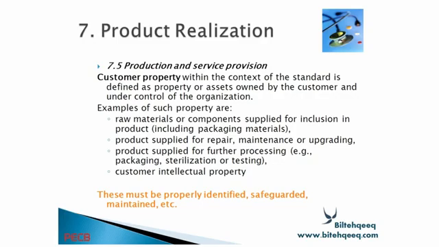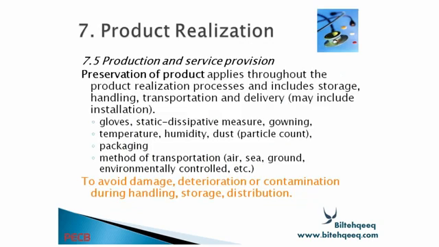Examples of such property are raw materials or components supplied for ingredients in the product, including packing material, products supplied for repair, maintenance, or upgrading, products supplied for further processing, packing, sterilization, or testing, customer intellectual property. These must be properly identified, safeguarded, and maintained. So you have to properly identify the customer-supplied products, protect them, and maintain the record of such customer property.